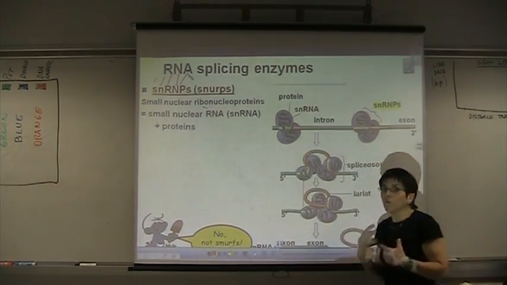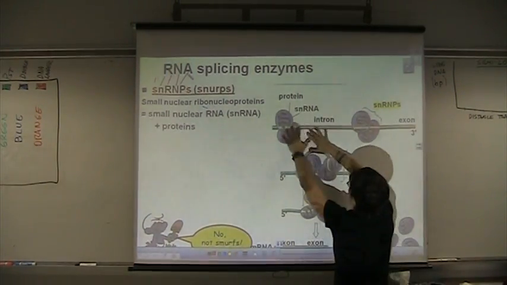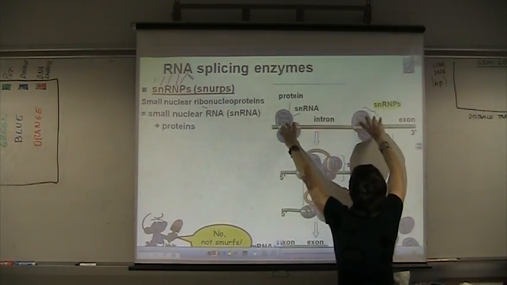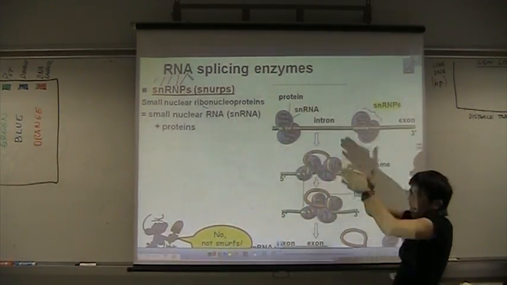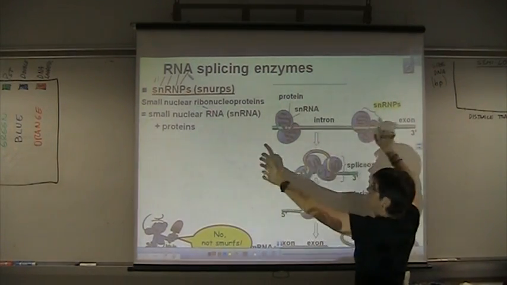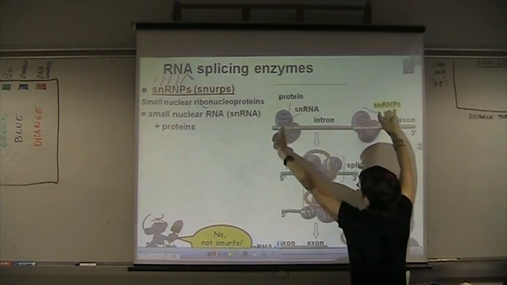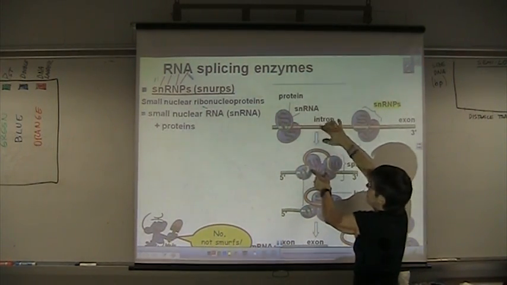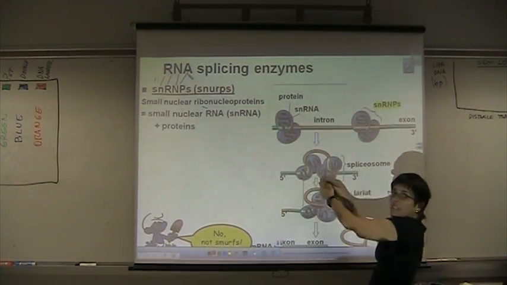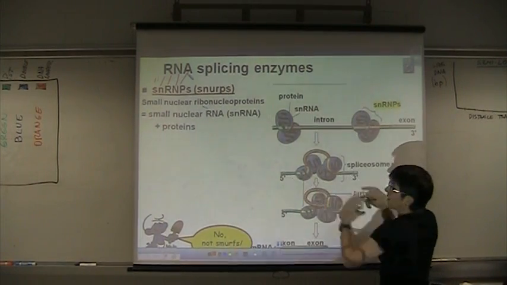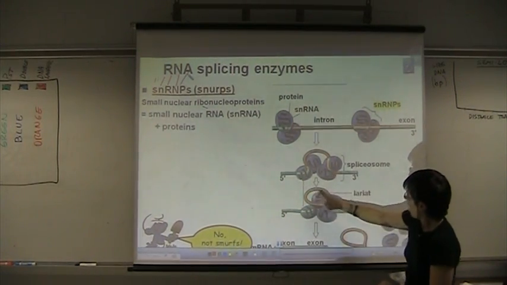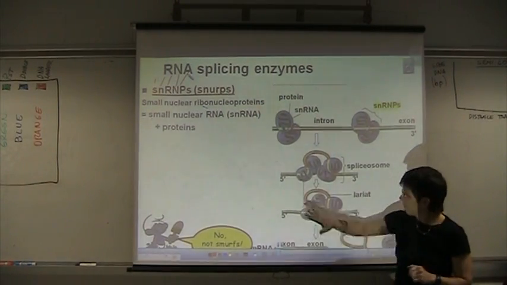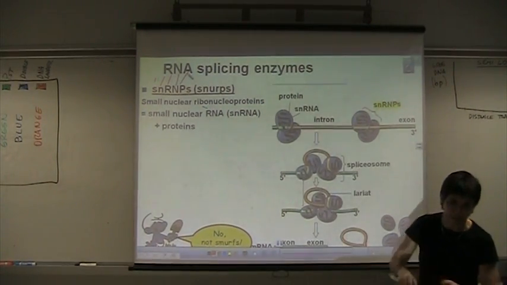Now, to do the splicing, here is your gene. What happens is several SNRPs attach in the boundary, in the border between exons and introns. The SNRPs then come together and make a loop out of this intron and just reattach the green sections that are the exons, and this other loop that is not needed is removed from the messenger RNA.